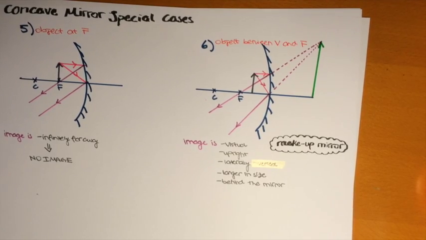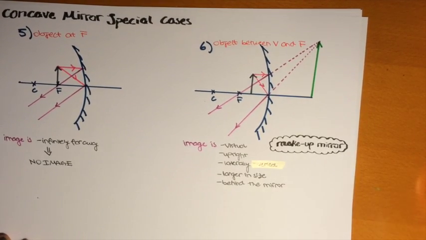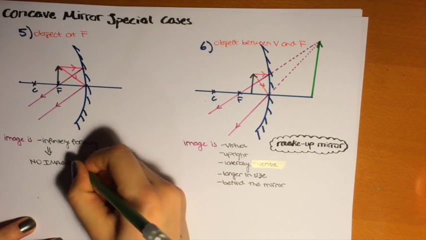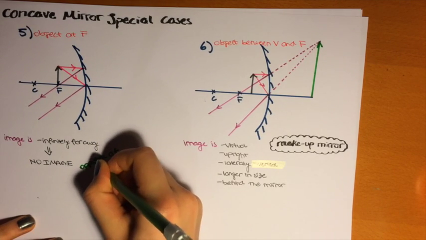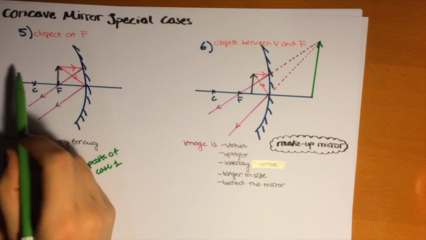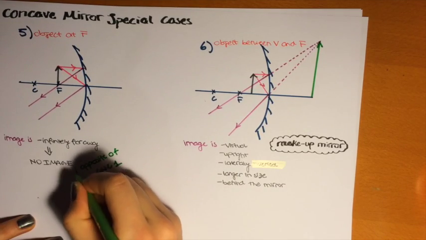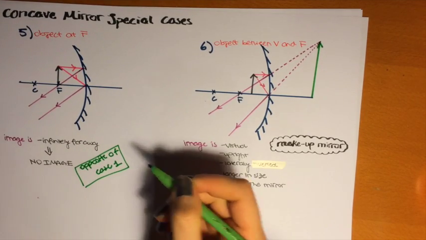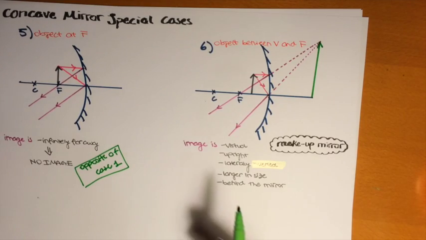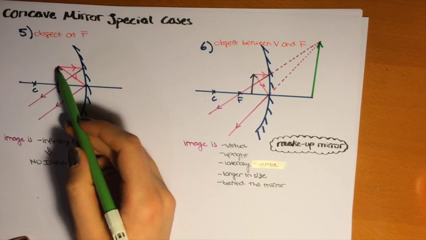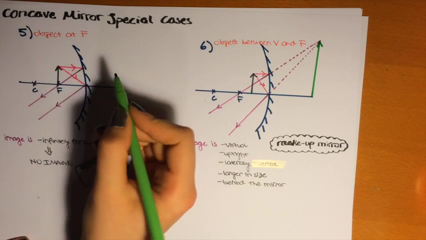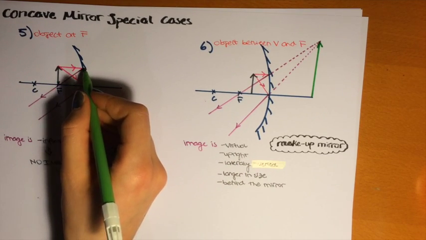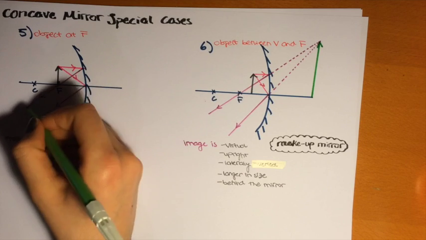Here I have the concave mirror special cases 5 and 6. Case 5 is the opposite of case 1, where the object was infinitely far away from the center. Here my object is at F. And then when I send my special rays, when I send it parallel to the primary axis, it comes back from the focus.